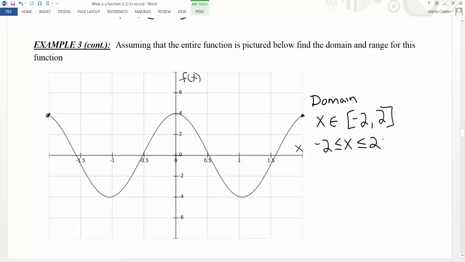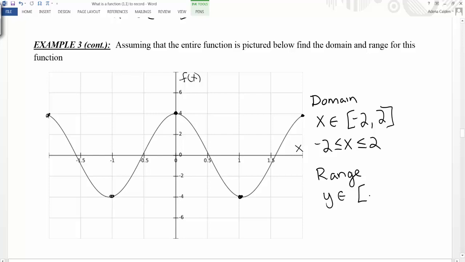Now that I have my domain, I want to consider the range. The range is the possible y values that I'm going to get from this function. Here, if I look at my y values, I can see they go as high as 4, including 4, and as low as -4, including -4.